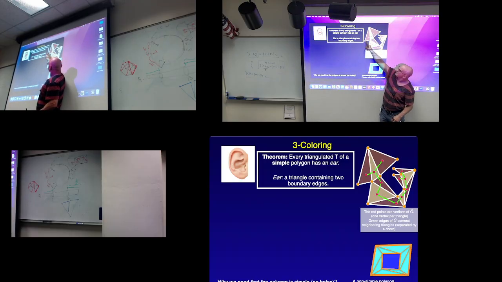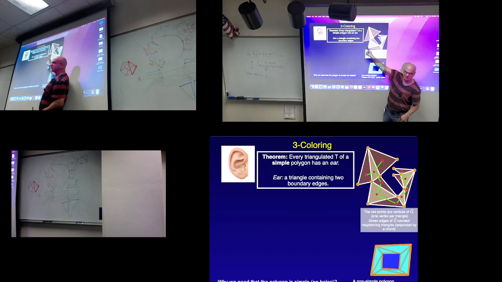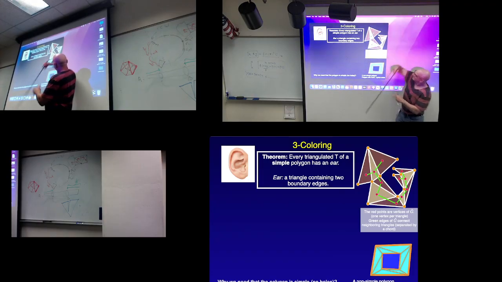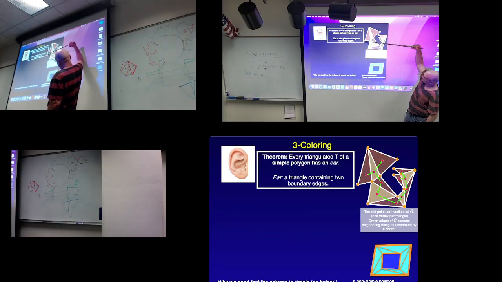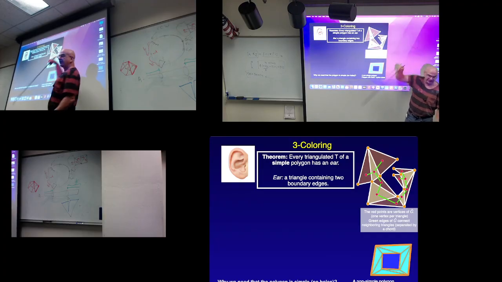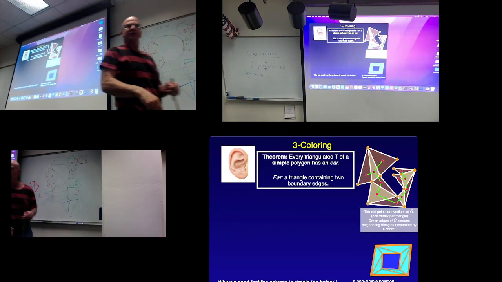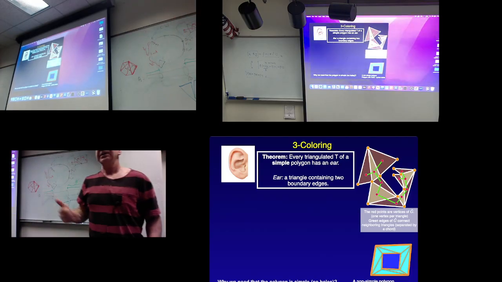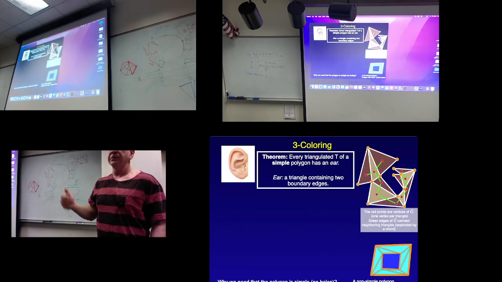Think about this vertex versus this vertex that is connected to 2 edges of the boundary, just like this one. Again, this one is connected to 2 edges of the boundary of the polygon, but it is also connected to 3 chords of the triangulation. So that's why this vertex is not good for me to base the ear on.